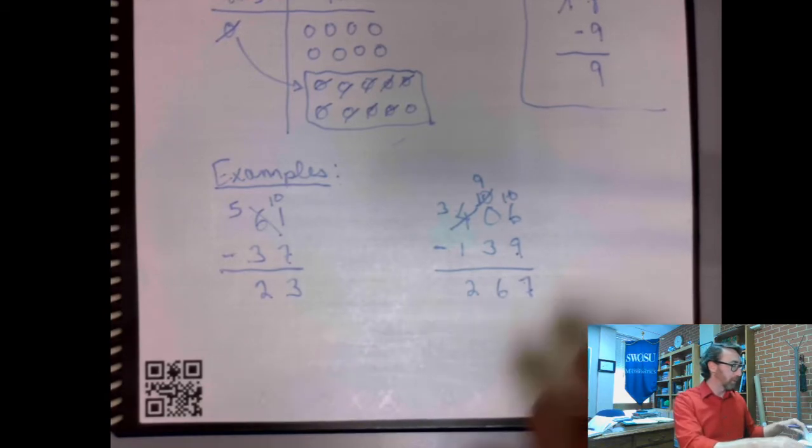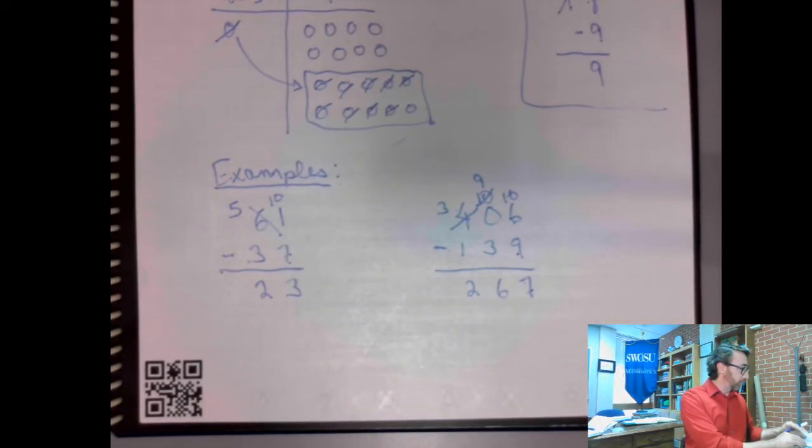Okay, so let's just do a quick example here. An example word problem.